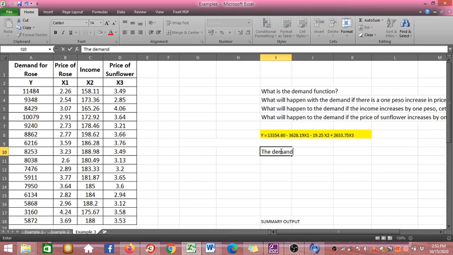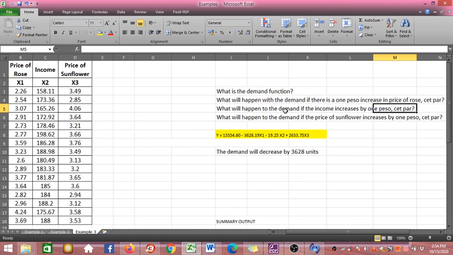Based dito sa sign and coefficient ni x1, magkakaroon ng decrease. So, the demand will decrease by 3628 units. In-round off na natin siya sa whole number since we are talking about roses. Wala naman 0.19 na roses. Yung decrease, base siya dito sa sign na minus, and then yung 3628 is based from the coefficient of x1.